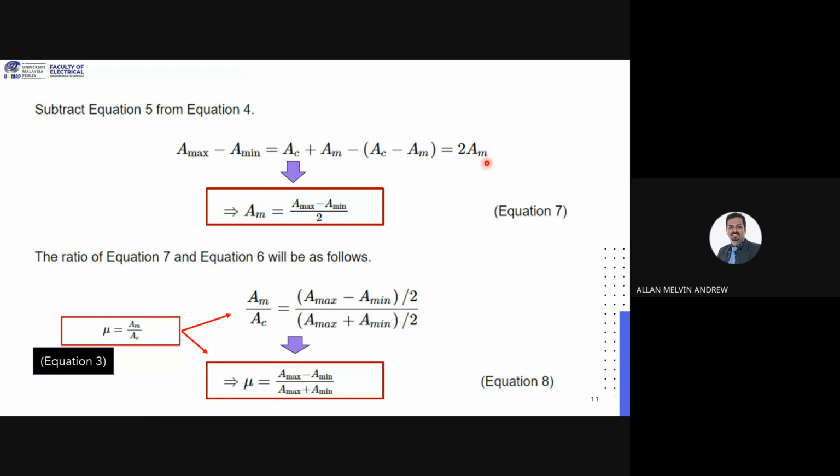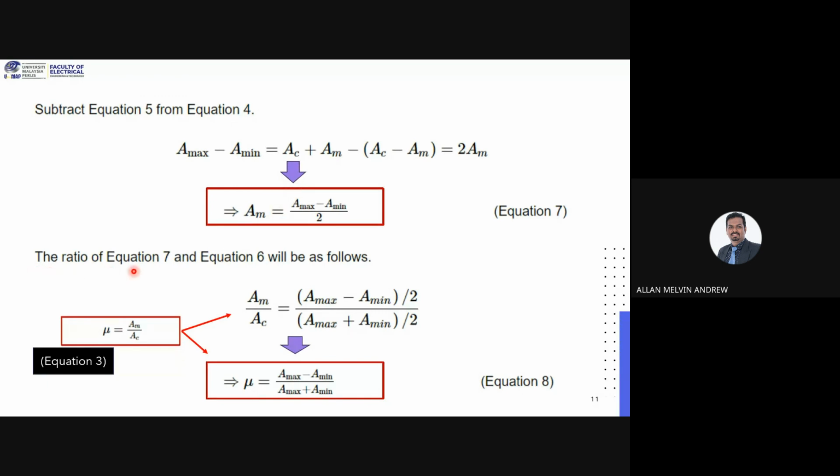Am is the modulating signal's amplitude. Similarly, Am is A max minus A min divided by 2. We call it equation 7. Later in the calculation, you no need to derive all this, you can straight away use this information. Even in the exam, I will include this in the appendix, so you no need to memorize.